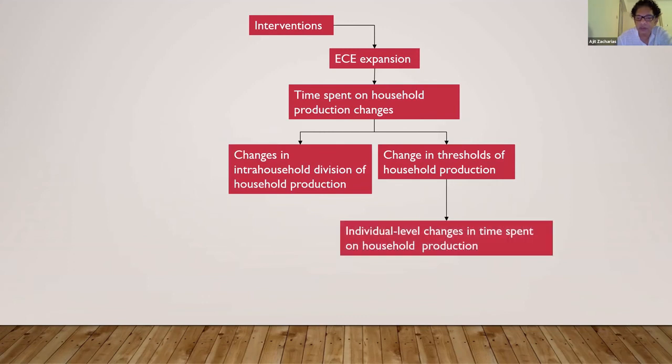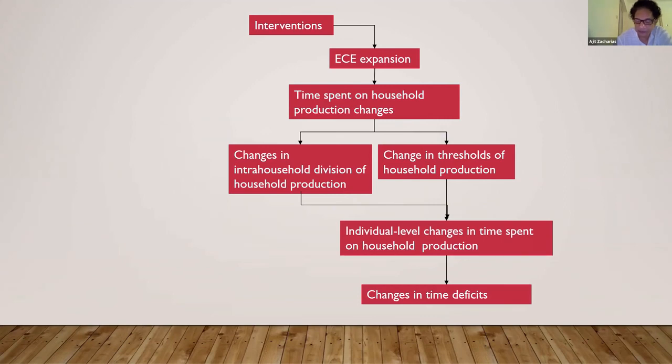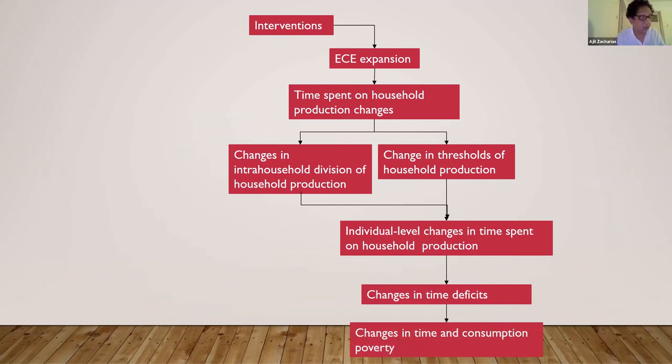Change in the thresholds of household production, as well as the change in the sharing variable, can lead to changes in the time that individuals spend on household production. In turn, that can lead to changes in time deficit, and also changes in time and consumption poverty as a result of that.